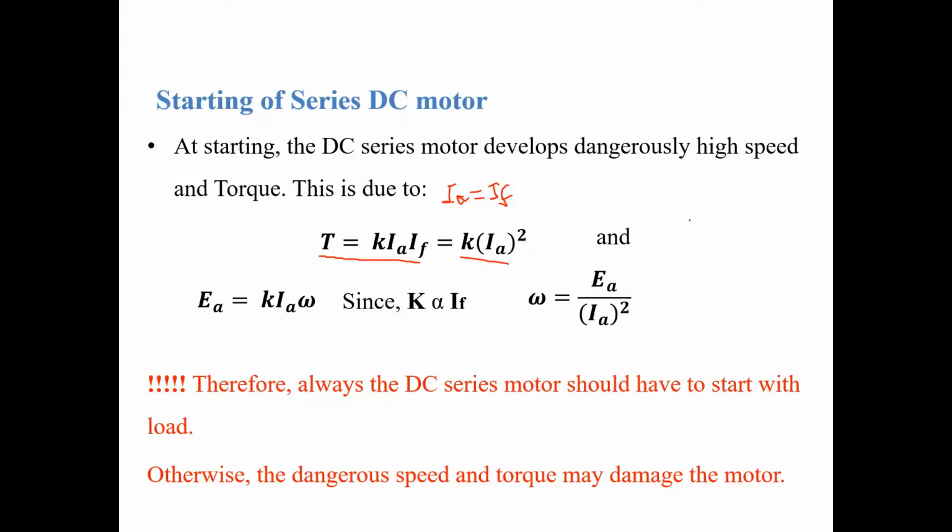That means in the case of a series DC motor, the torque depends on the square of the starting current. Say the starting current is 5 times the rated current, then the starting torque will be 5 squared times, that means 25 times the rated value, which is very, very high. So it is forbidden to start a series DC motor without a load.